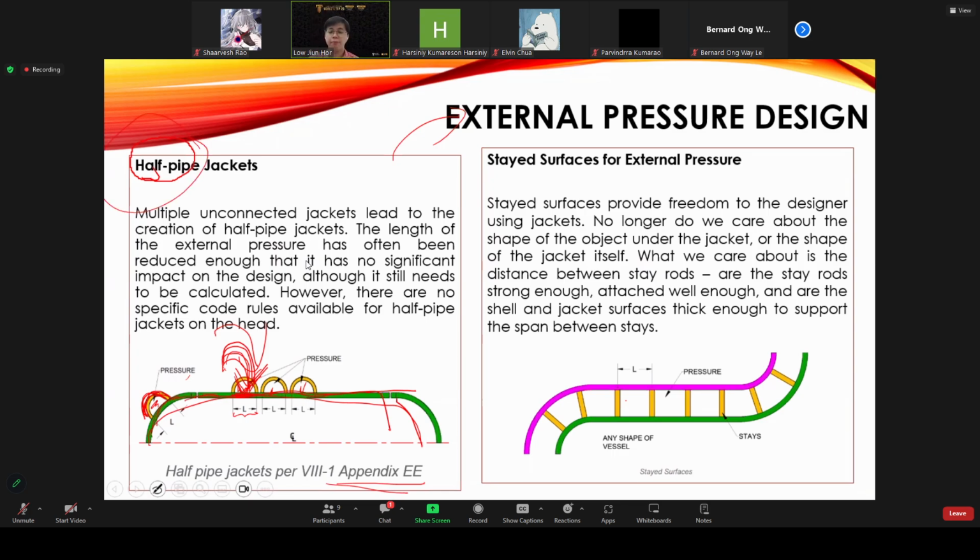Okay, so beside that, there is an alternative. We can try to support the outer surface or the shell of our pressure vessel, if we want to install the jacket to remove or supply the heat energy to the content in the pressure vessel.